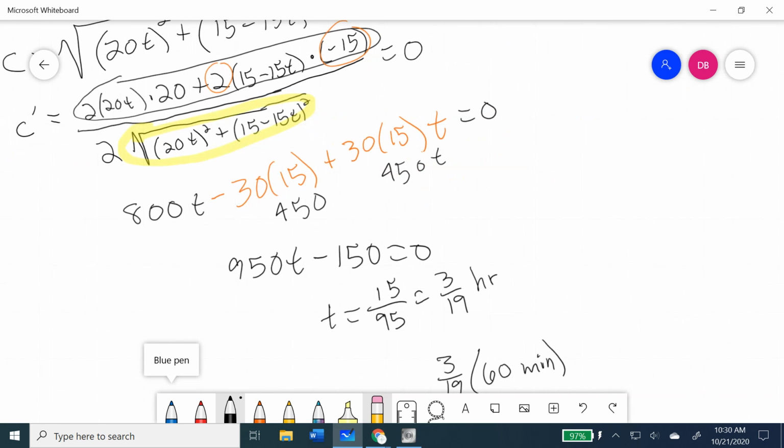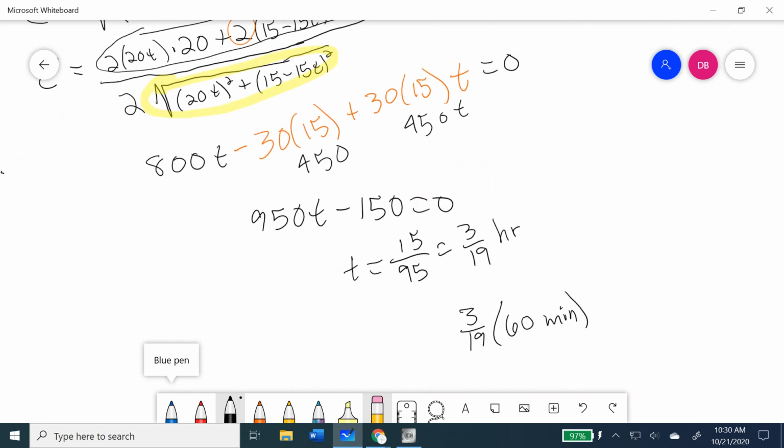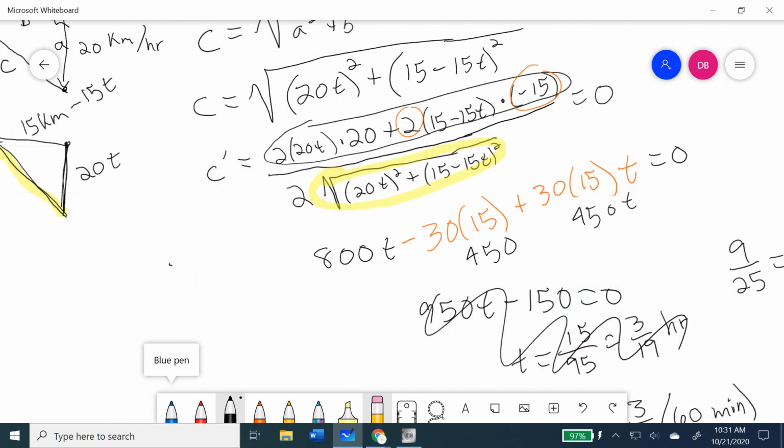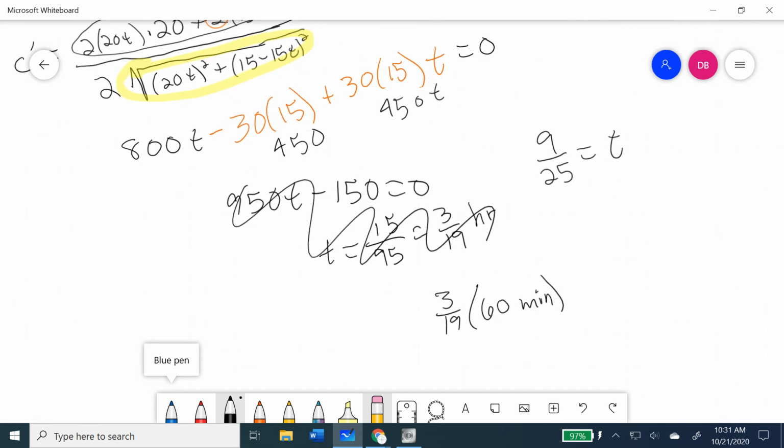And so once those numbers get fixed up, how does that change? We get 9/25. Thank you. And then the problem wanted us to find the time. So that's where we'll multiply that times 60, and then add that many minutes onto 2 o'clock.